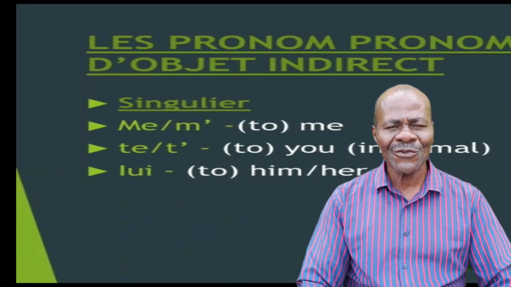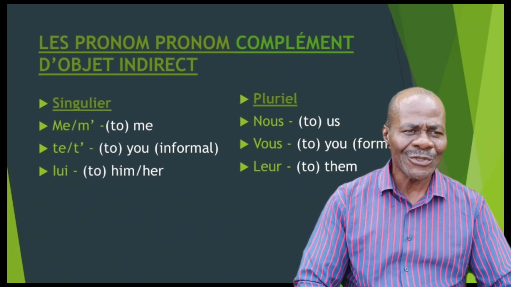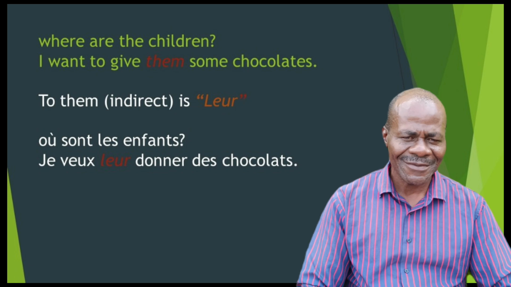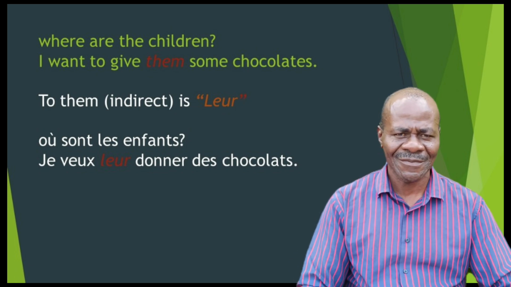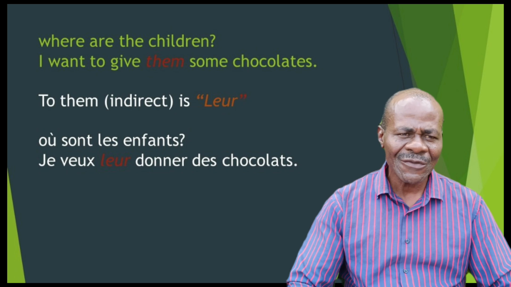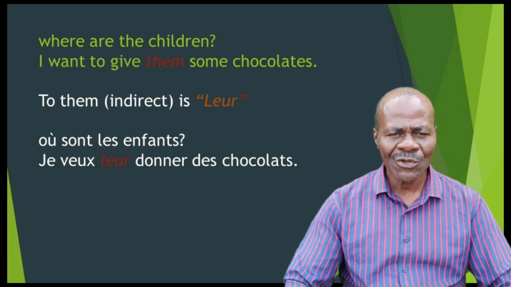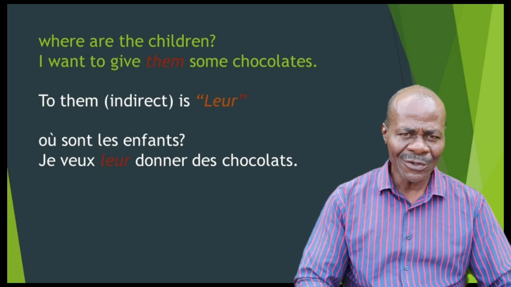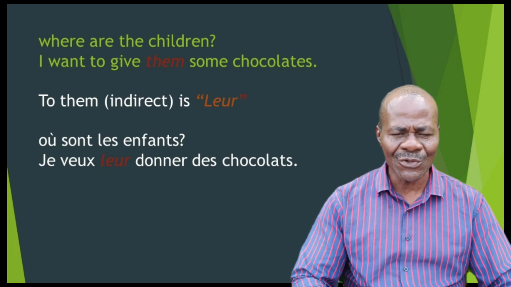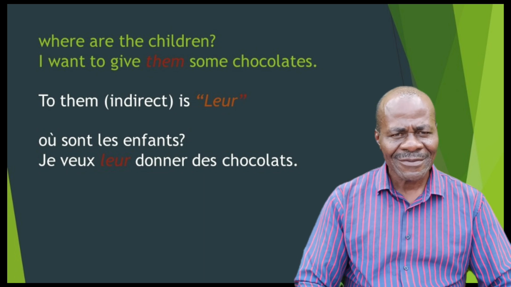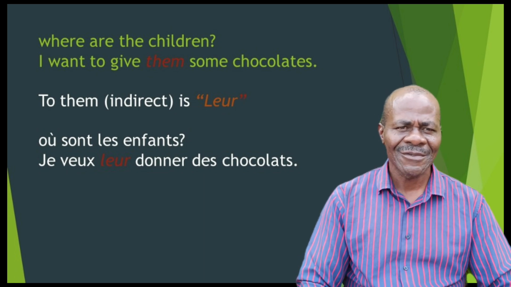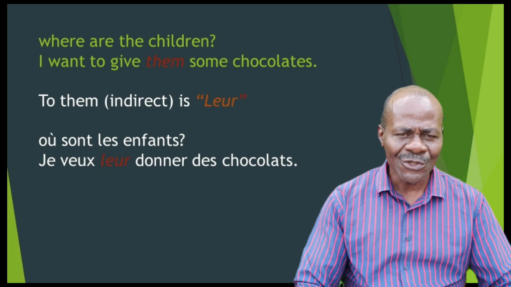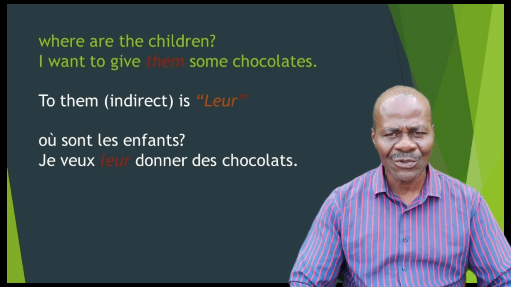Now, "to them", if you check your list, is what? Leur. Où sont les enfants? Je veux leur donner des chocolats.